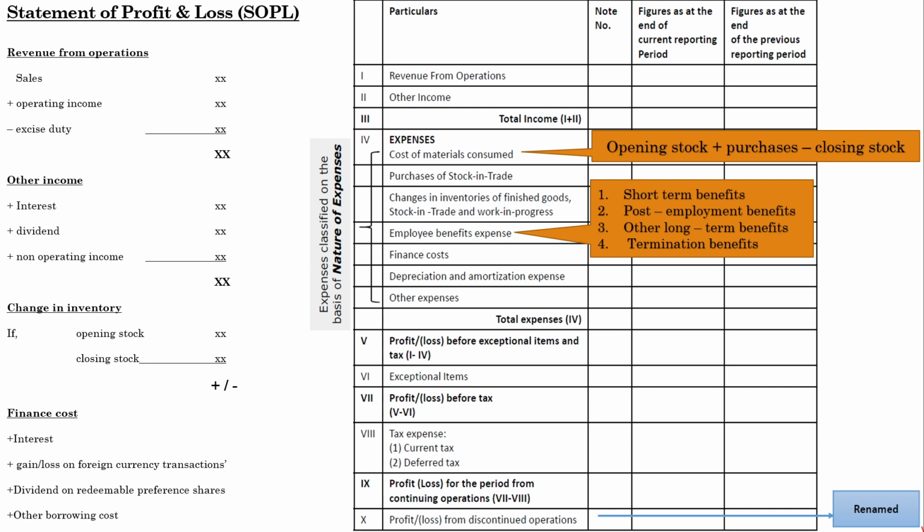Remember, after adjusting the exceptional items, you have to adjust tax. Under tax, there are two types: current tax and deferred tax. Next one, profit or loss for the period from continuing operations. That is the amount which you find after adjusting tax. Next one, profit and loss from discontinued operations.